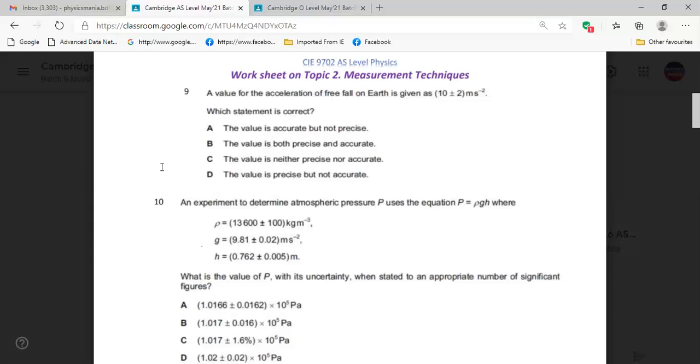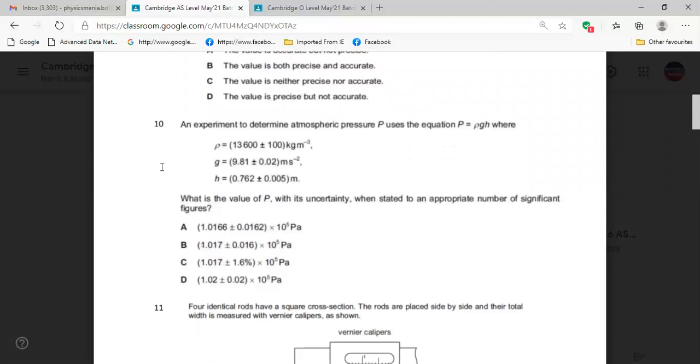Now question 10. You see the values are given for rho, g, h. You have to find the uncertainty in pressure, and that should be to an appropriate number of significant figures.